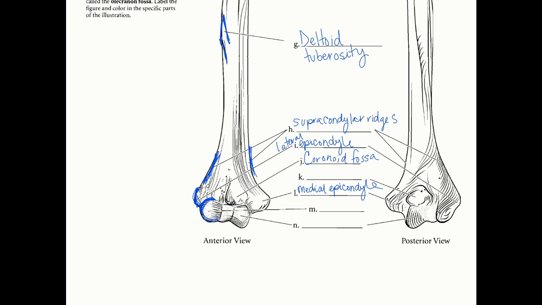And then we have K, which is our olecranon fossa. This is going to be a region that the olecranon of the ulna fits into so that we can make that hinge joint at the elbow.